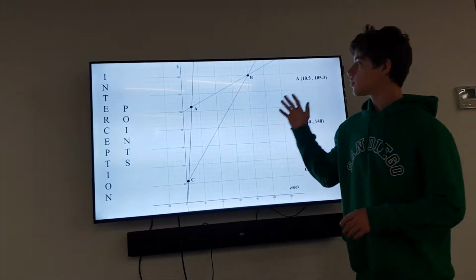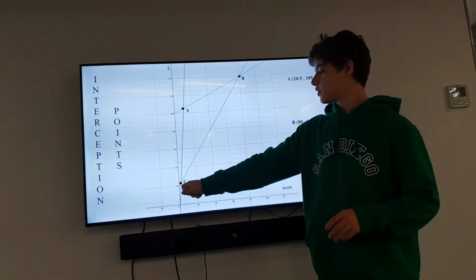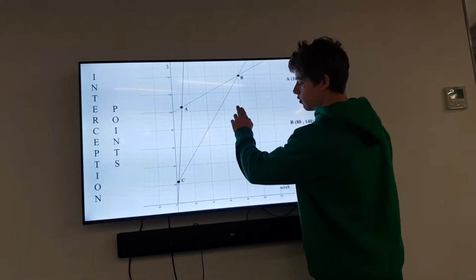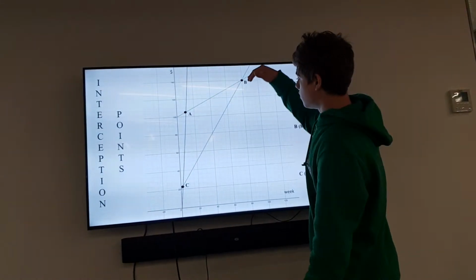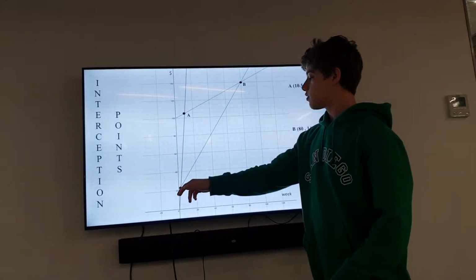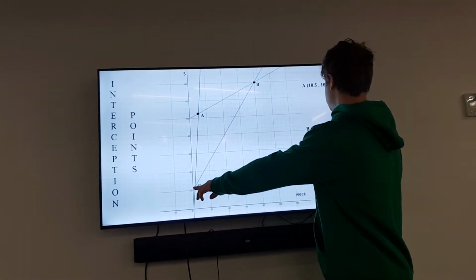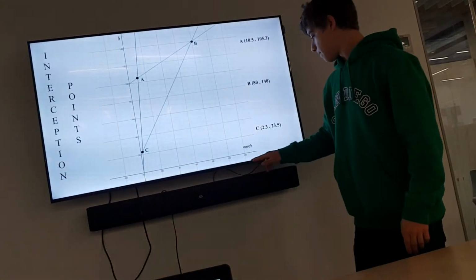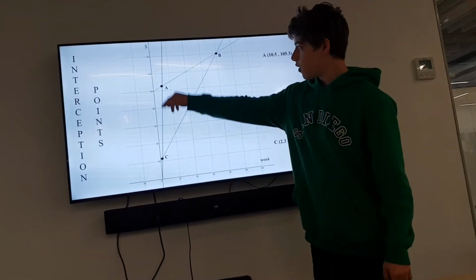Okay, so here I'm going to show some intersections between the lines. The first intersection is this point C, between the blue line and the black line. The black line is the water bottles, and the blue line is filter 2. Point C is 2.3 on the x-axis and 23.5 on the y-axis.